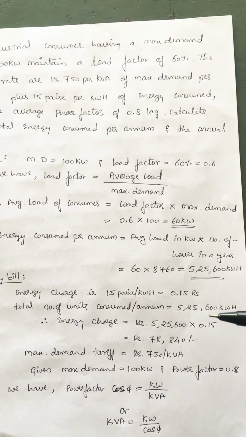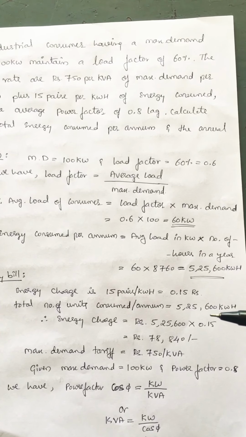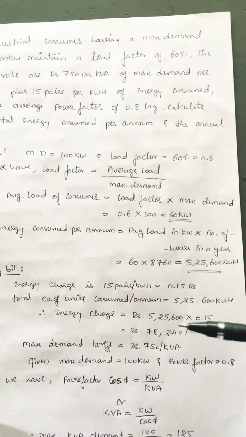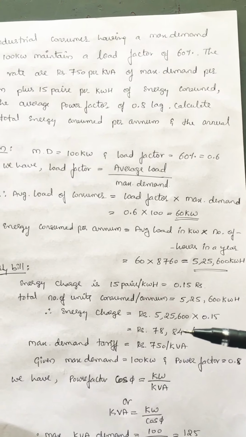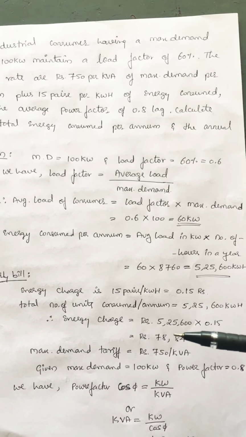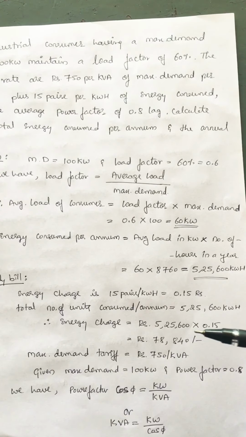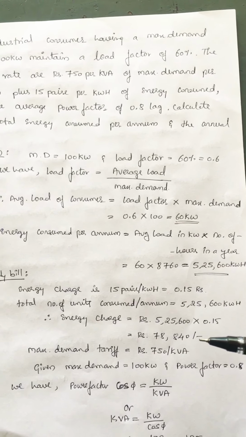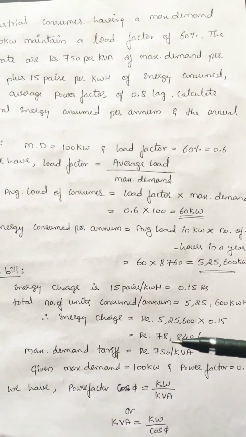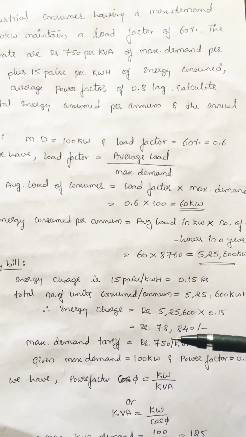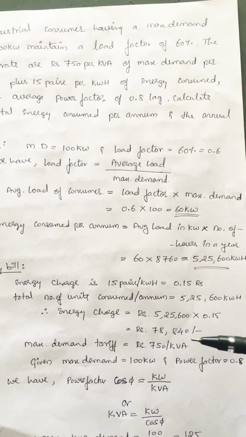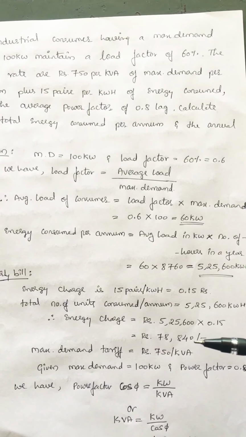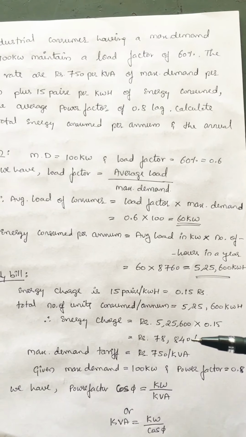Now, once we know the energy consumed and the energy charge, we can determine the energy charge per annum: energy consumed into 15 paise, or 0.15 rupees. Then we get the answer as rupees 78,840. This is the energy charge per annum for the consumer.